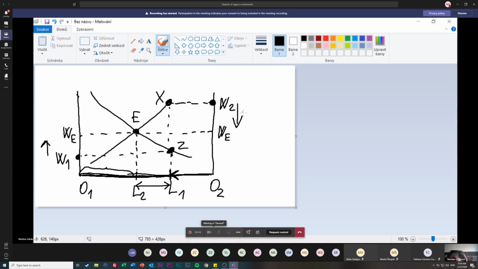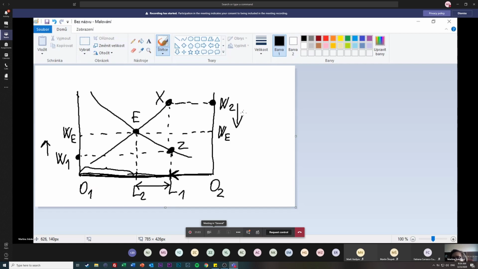The first country is at the point Z. It has O1, L1 workers, and the wage is O1, W1.